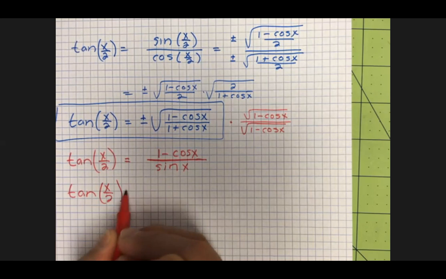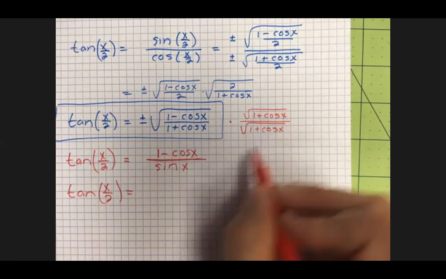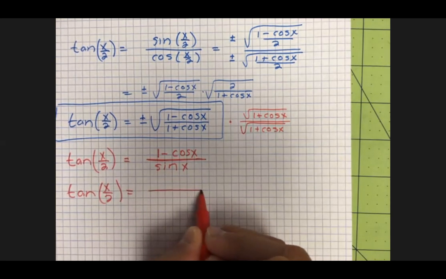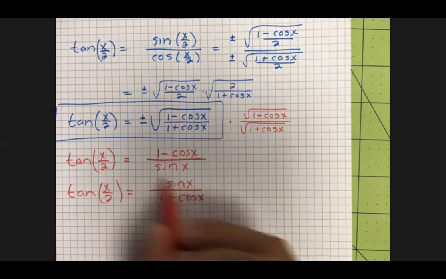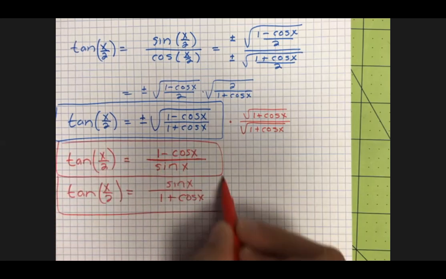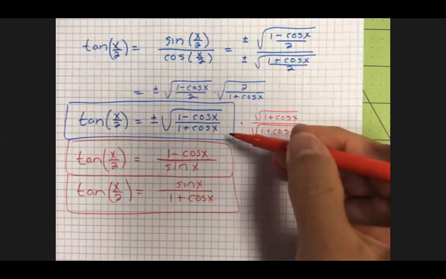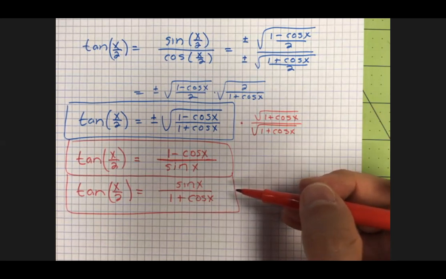Now I could have multiplied top and bottom by 1 plus cosine x square rooted, and then I would have got this formula. So the half angle formulas, I have 3 versions of tangent. And in the double angle formulas, I only had 1 version of tangent, but I had 3 versions of cosine.